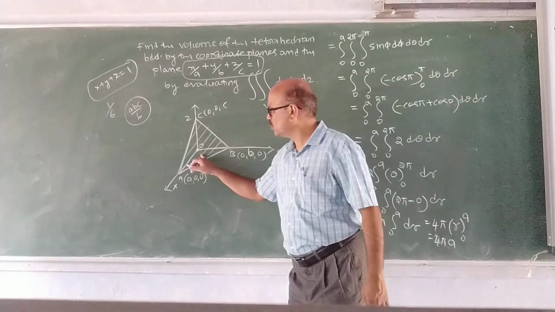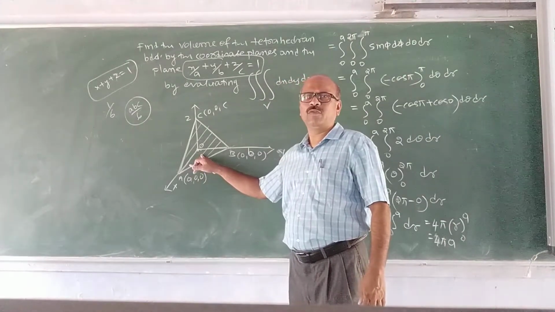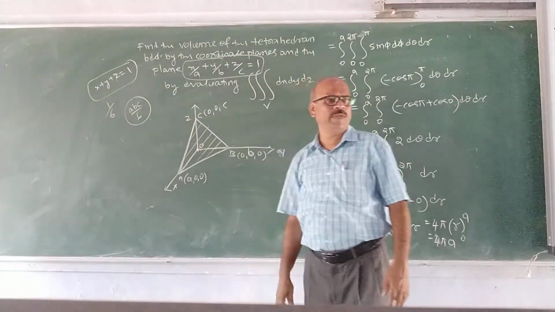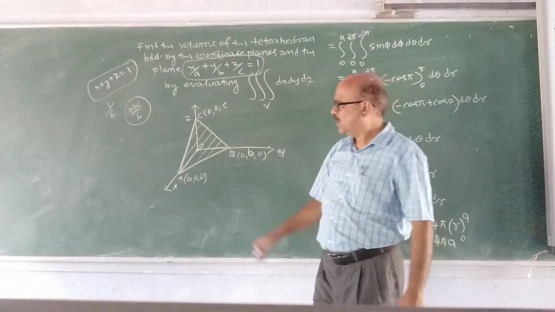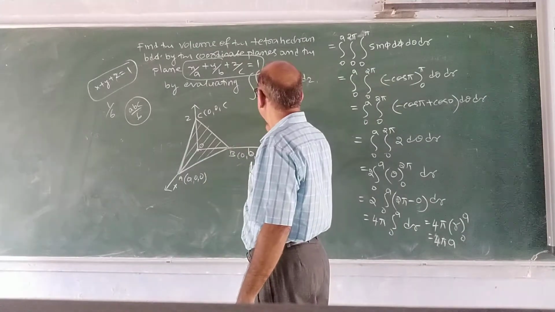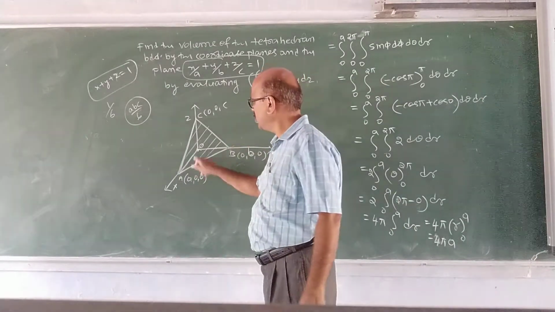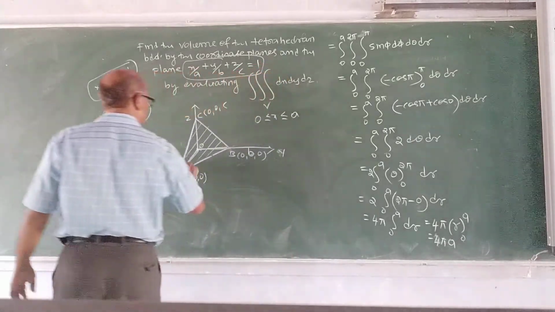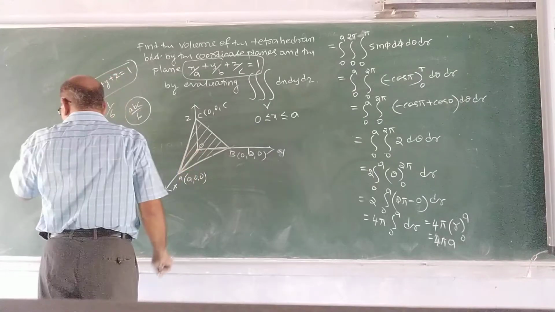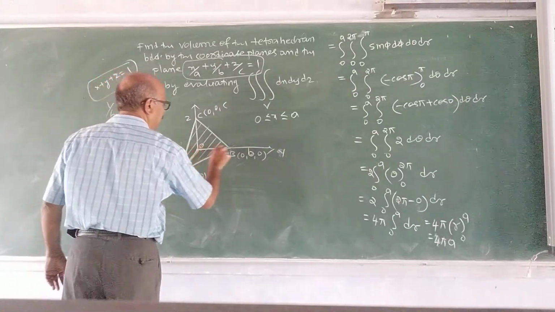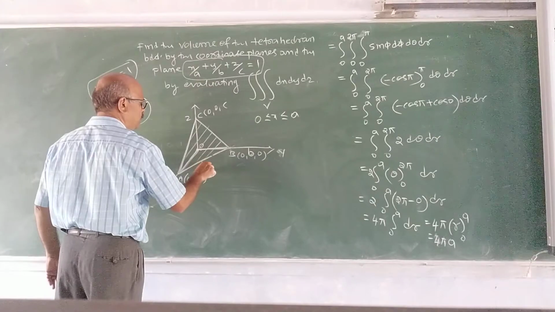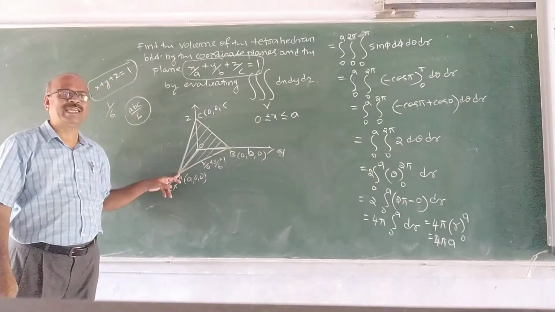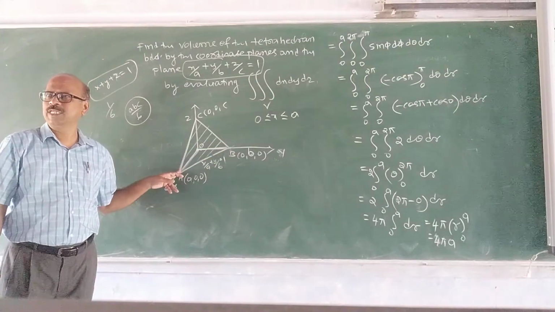First we take this triangle, then z varies as x, y vary in this triangle. What are the values of z? We have to find out. How does x vary here? 0 to a. But this is bounded by 3 lines: x is a, x is 0, y is 0, and the line x by a plus y by b is 1, which is the equation of this line, because z is 0 in this plane.